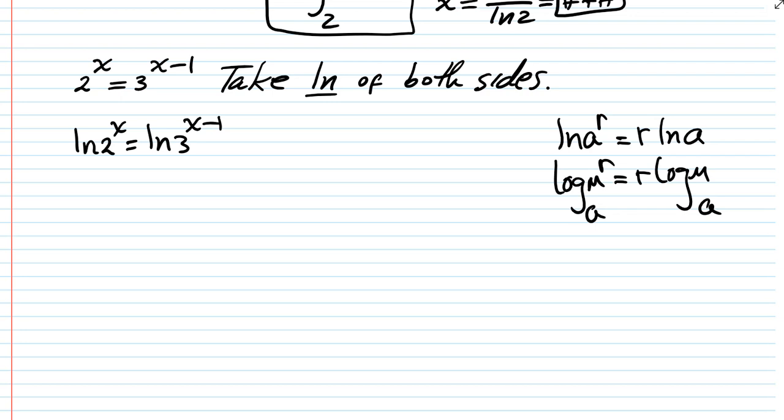The left side is now x times ln of 2. And remember, ln of 2, I can use my calculator, is a number. It's just a constant, just like 2, 3, 4, 5 are. It's just a fancy number. For ln of 3 to the x minus 1, I can bring x minus 1, the binomial, in front of the natural log of 3. Again, another constant.